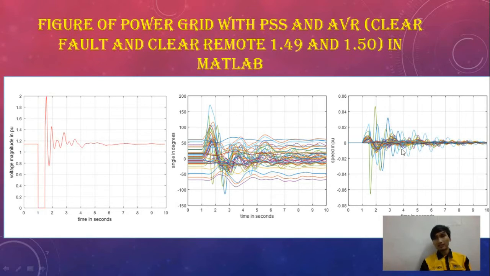And figure 3 is about speed in PU versus time in seconds. The generators are not the same, but it succeeds in getting the power grid stable again.